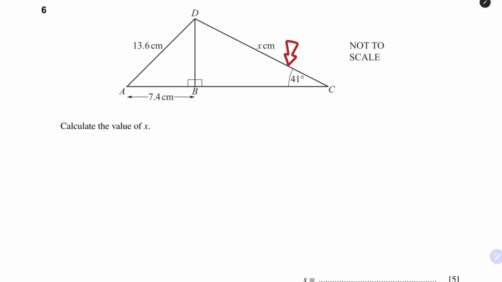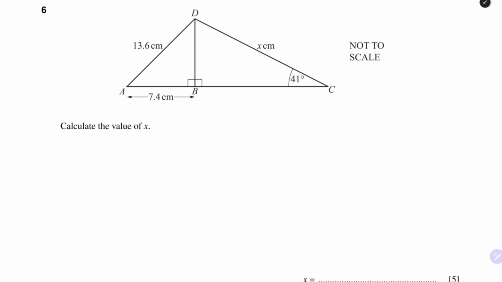X is the hypotenuse of triangle BCD. And we know the angle at C. To find X, which is the hypotenuse, we need to know at least one other side of triangle BCD.